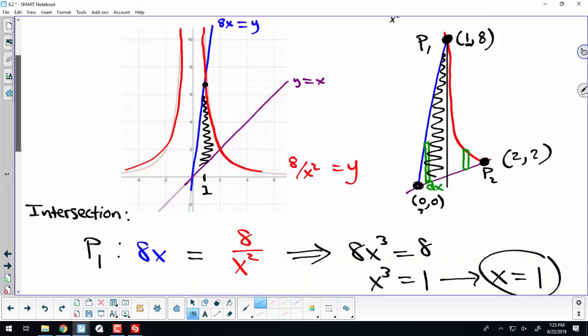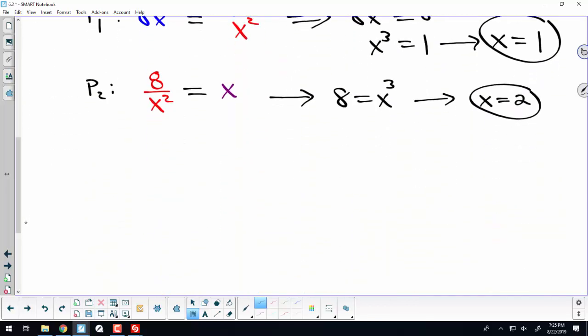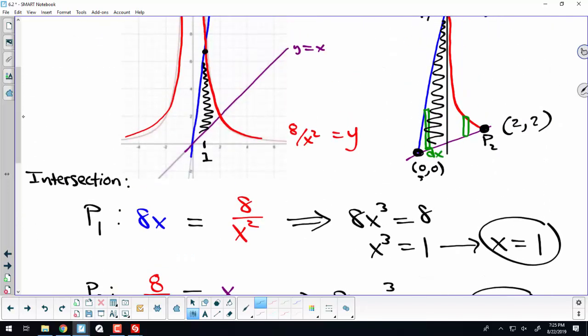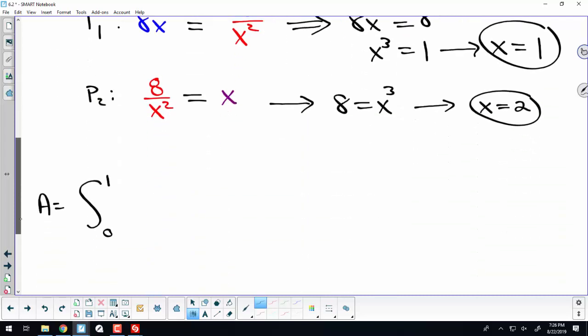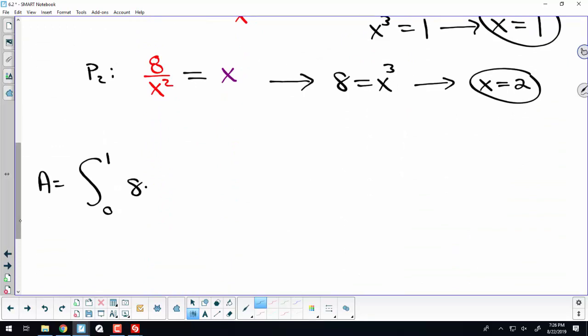So let's write that out. The integral from 0 to 1. Remember, since the slices or our rectangles are running like this, the height is determined by the top function minus the bottom function. So the height of all of those rectangles in that region up to the line is defined by 8x minus x. 8x minus x dx.